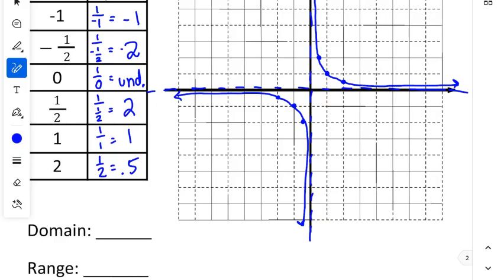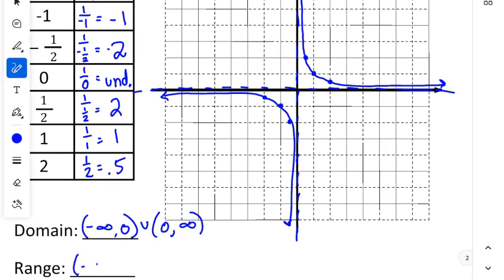So the domain is everything but 0, and the range is everything but 0. So the way we're going to write that is negative infinity to 0, union together with 0 to infinity. That means everything but 0. And then range is the same thing. Everything but 0. So the way you write that is like this.